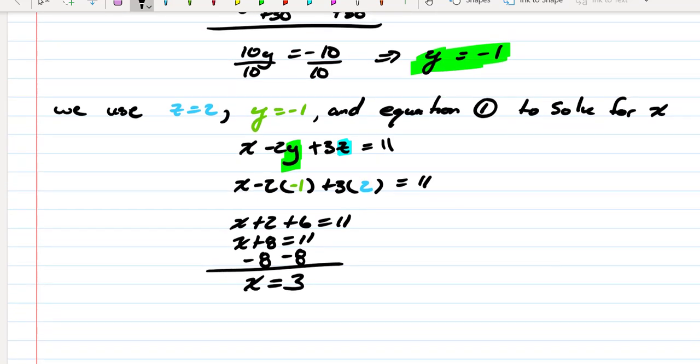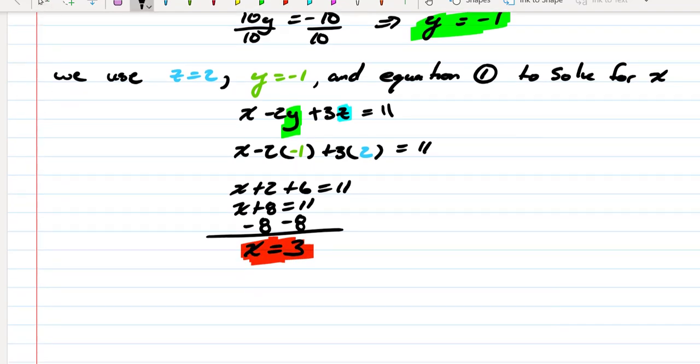So now finally, if we have x equals 3, we know that our ordered triple is x, y, z. We have our x, our y, and our z.